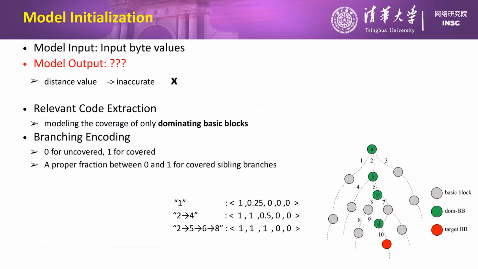In model initialization, we first extract the coverage of dominating basic blocks to reduce the dimensionality and develop a branch encoding technique to accurately represent their branching behaviors. This branch encoding technique uses a proper fraction between 0 and 1 to encode covered sibling branches, which enables us to learn to reach an unexplored branch.